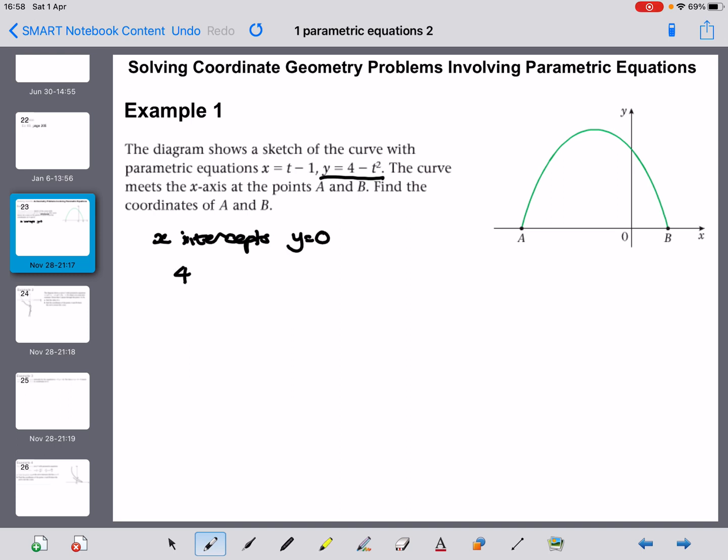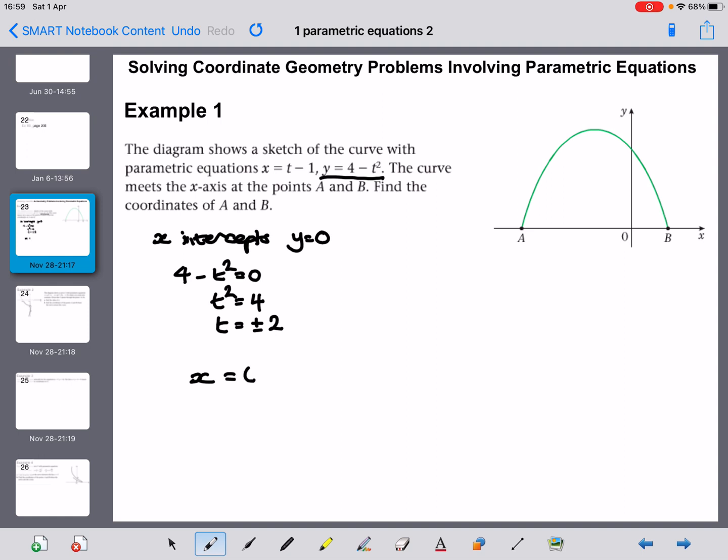If I say 4 minus t squared equals 0, then t squared will equal 4, which means t must equal plus or minus 2. So when the y coordinate is 0, the value of the parameter is 2 or minus 2. Now I can work out the x coordinate when t is plus or minus 2.